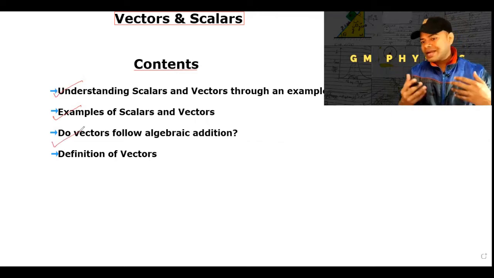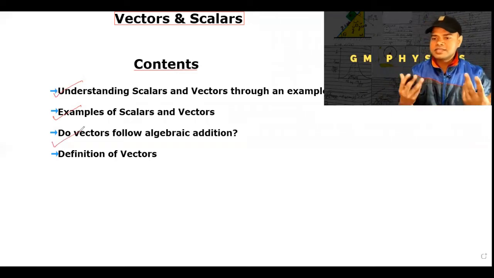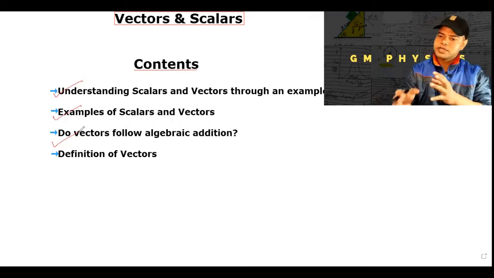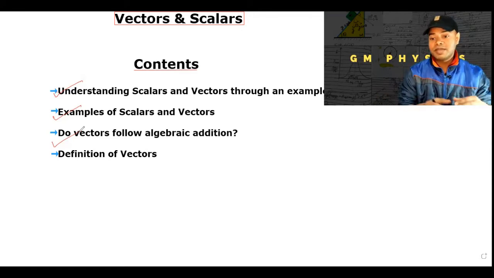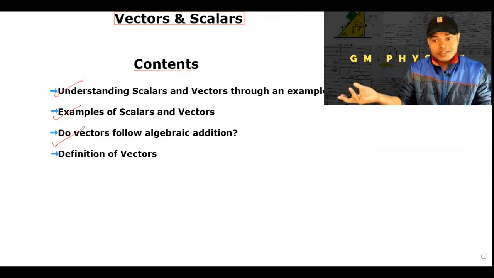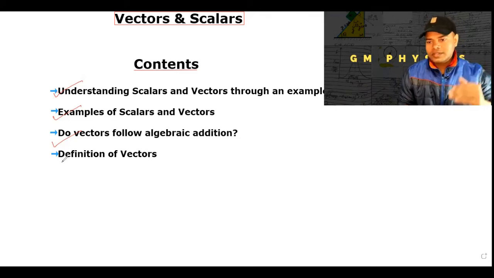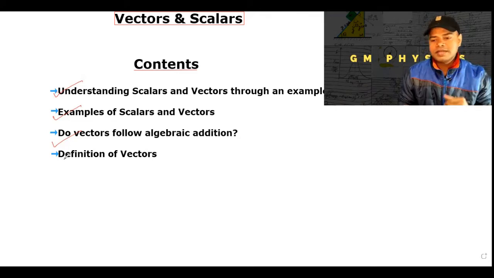We'll make an attempt to add two vectors in the same way as we add any general quantity using rules of algebra, and check whether they follow it or not. After looking at all these things, we will develop a proper definition of vectors.